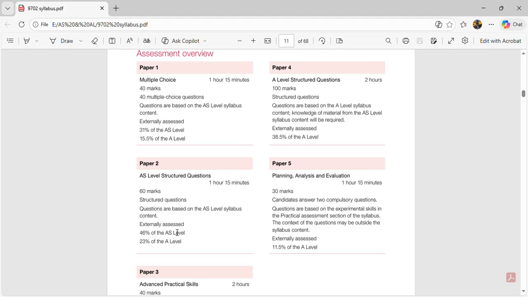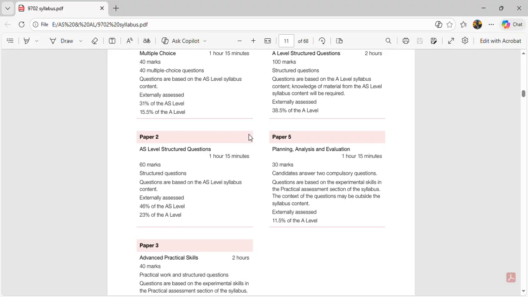There's also paper 5, which is planning, analysis and evaluation. This is the other practical skills paper, but here you do not touch any equipment in the lab. You just sit down and analyze the questions given to you. It is like the alternative to practicals for IGCSE.